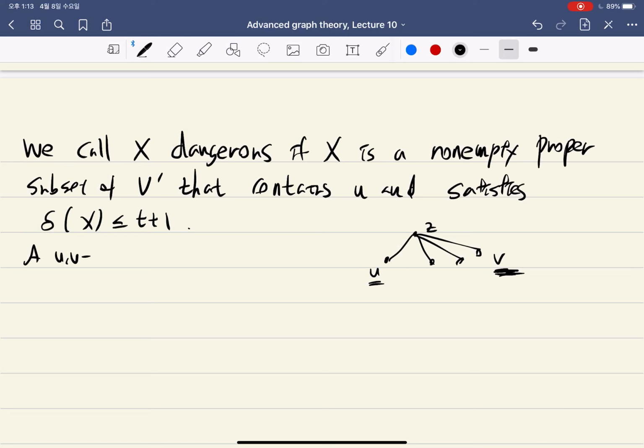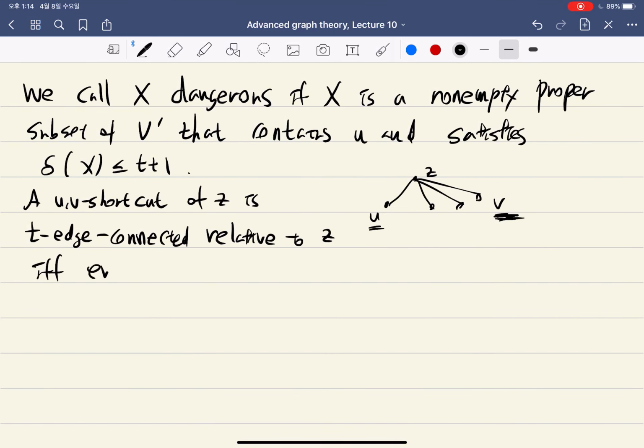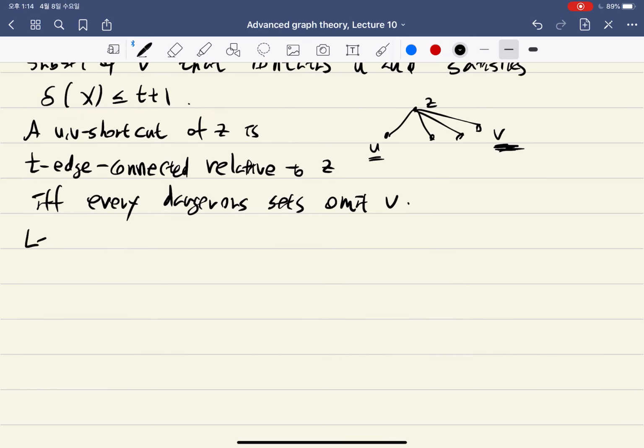So a UV shortcut of G is T-edge connected relative to G if and only if all dangerous sets omit V. So let M be the union of all dangerous sets.